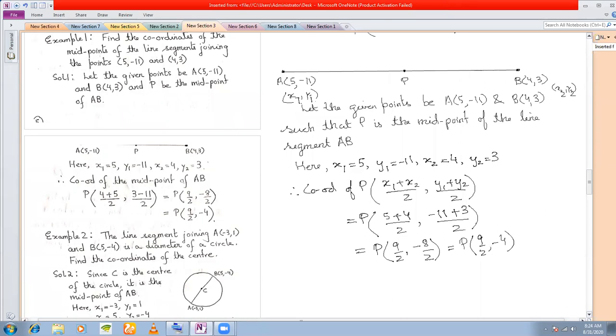So no problem. Okay, so this is the coordinates of the midpoint. Any question with the midpoint formula?